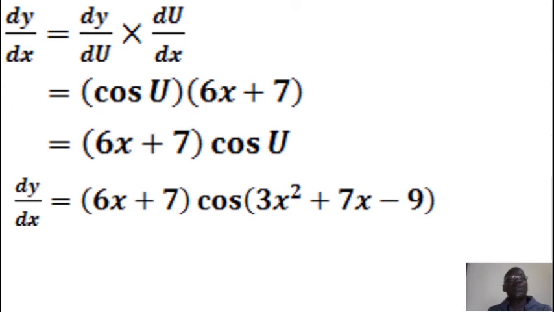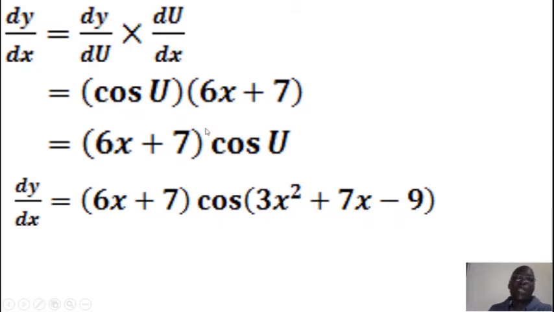So we carry on. Still defining dy/dx to be equal to dy/du multiplying du/dx, we already got dy/du to be cos u and du/dx to be 6x plus 7. We multiply. In this type of multiplication, a polynomial multiplying a trigonometric function, please drop the polynomial function before the trigonometric function so as not to cause confusion.